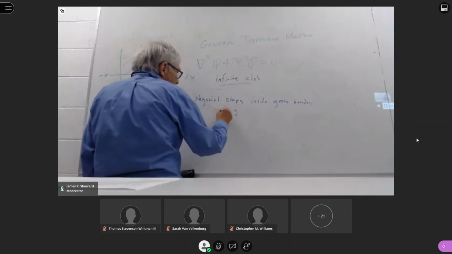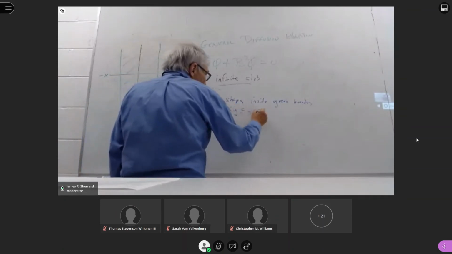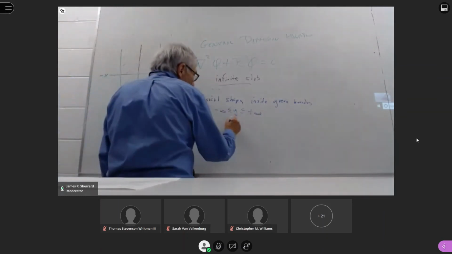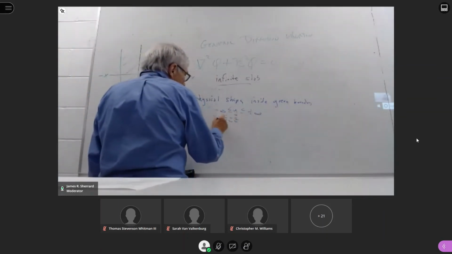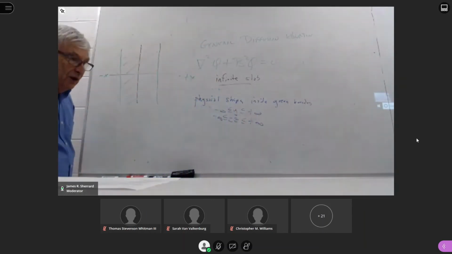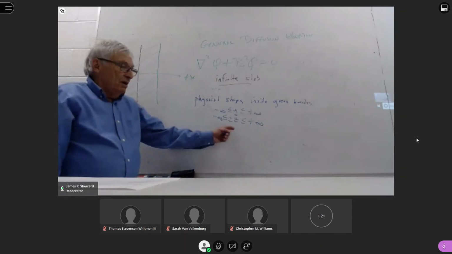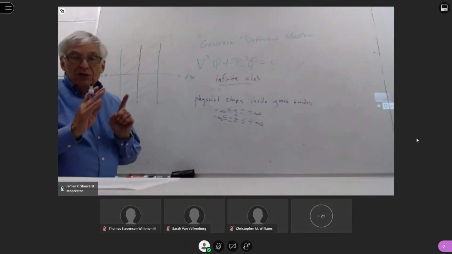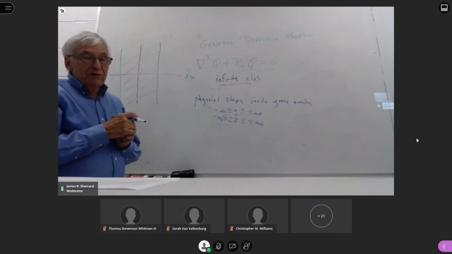Y goes from minus infinity to plus infinity with fuel. Likewise, Z goes from minus infinity to plus infinity. Are you ever going to have a reactor where in 2 dimensions the fuel goes to plus or minus infinity? No, but it's an easy way to learn how to use the diffusion equation.